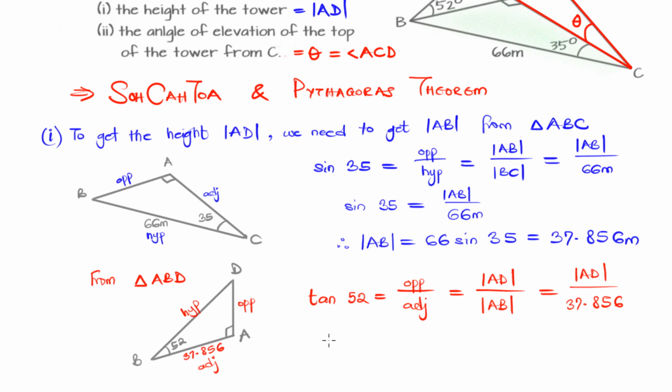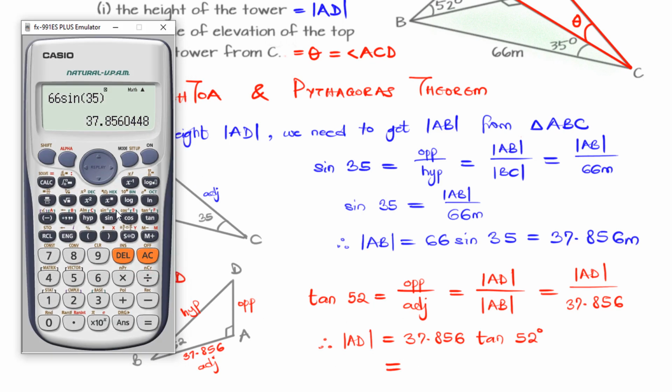So we can now say, just like in the previous case, if you cross multiply, AD will be 37.856 tan 52. So if you just put that into our calculator, 37.856 tan 52.